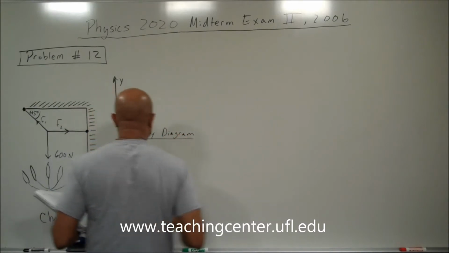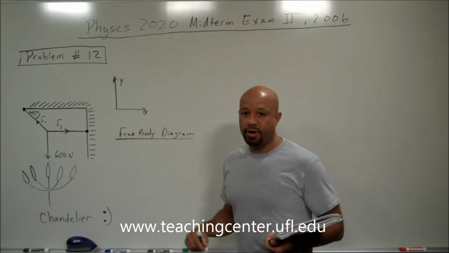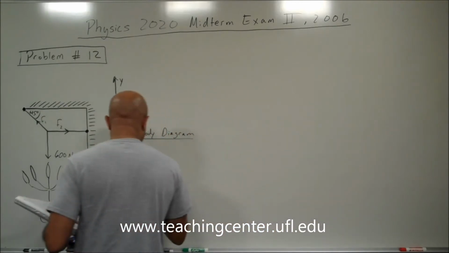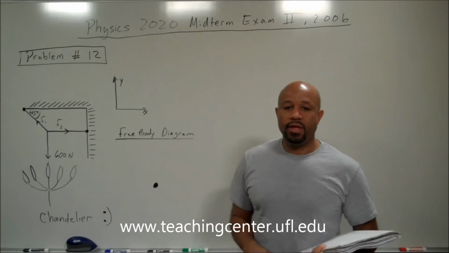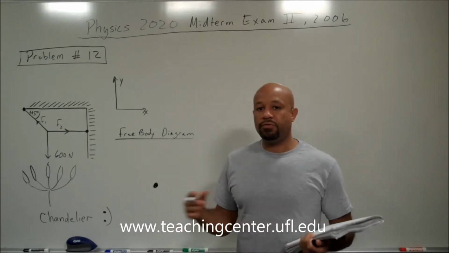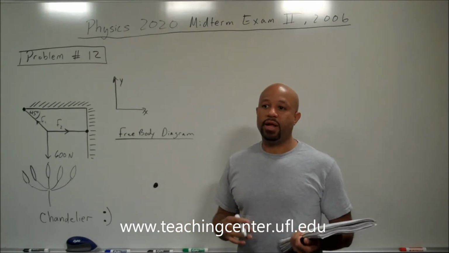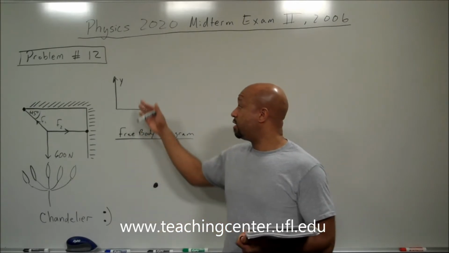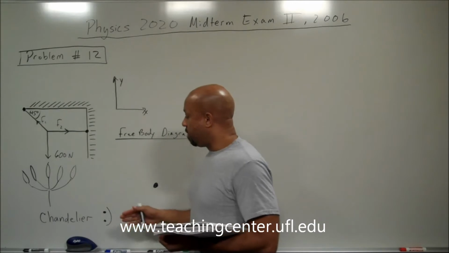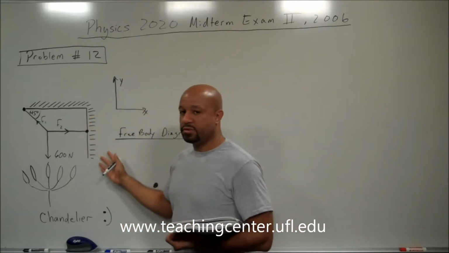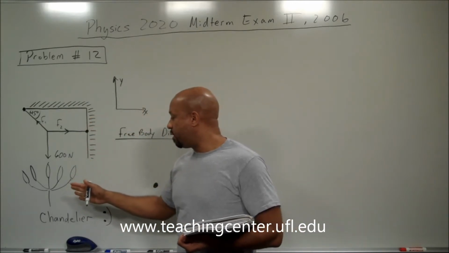Basically, for a free body diagram, we're going to draw a dot that represents our free body, and we're going to draw all the forces that are acting on this free body, in such a way that they correlate to our coordinate system. We've got three forces here. Let's start with the chandelier force.